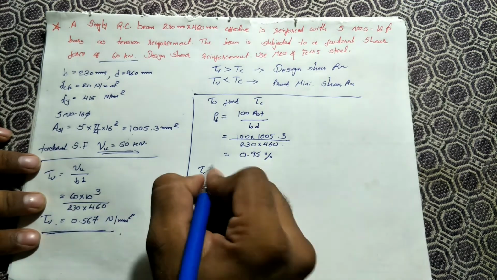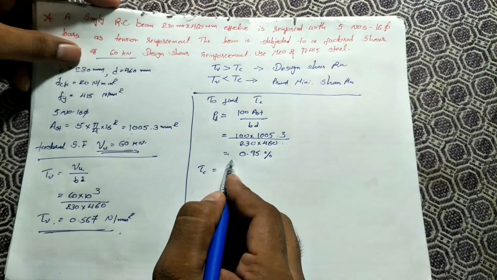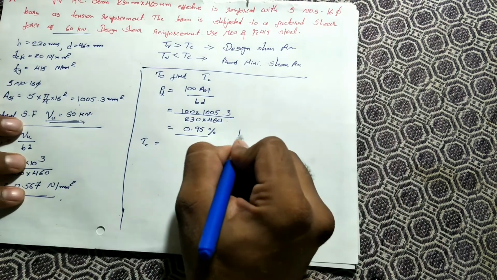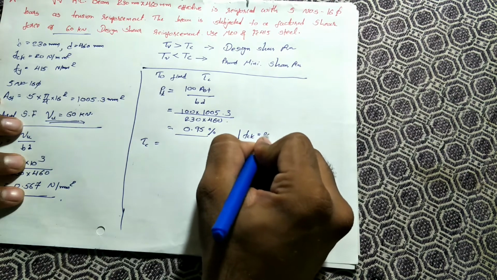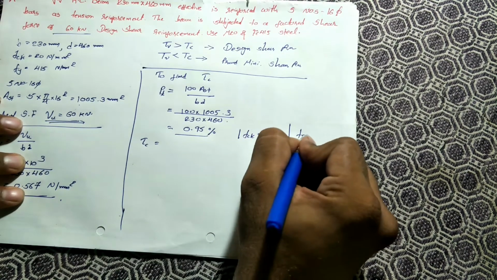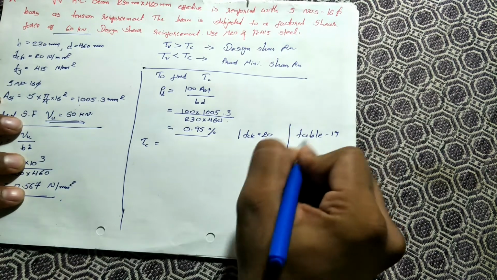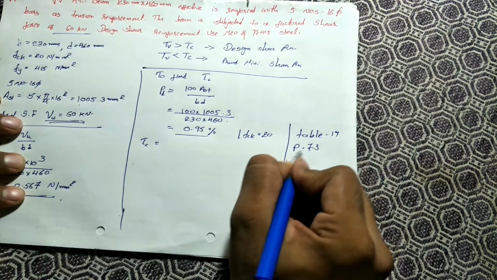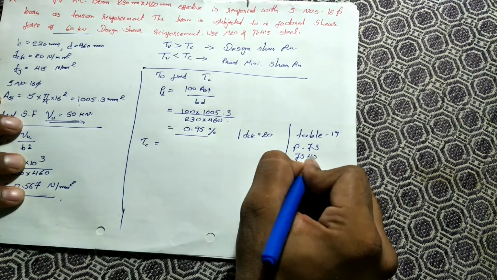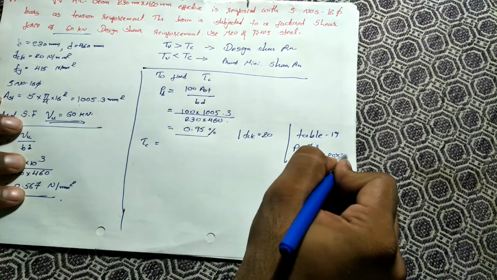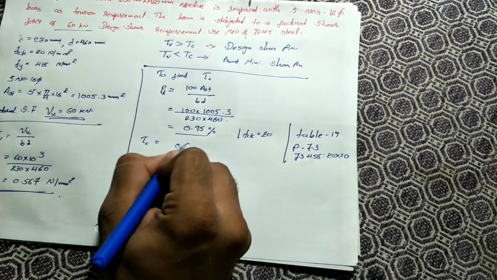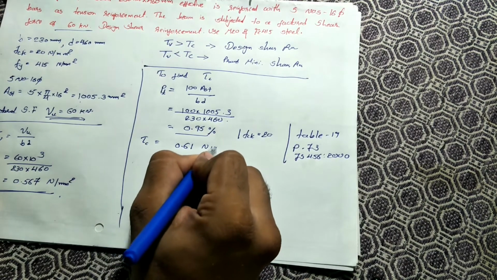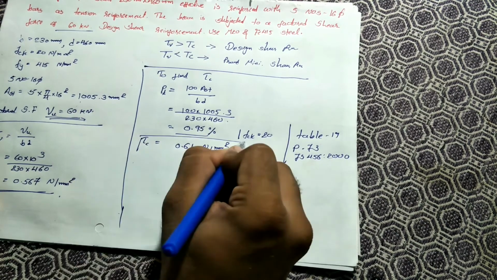Tau c is equal to what? See, the percentage of steel is this, fck is 20. So from table 19, page number 73, IS 456, tau c we are getting as 0.61 Newton per mm square.